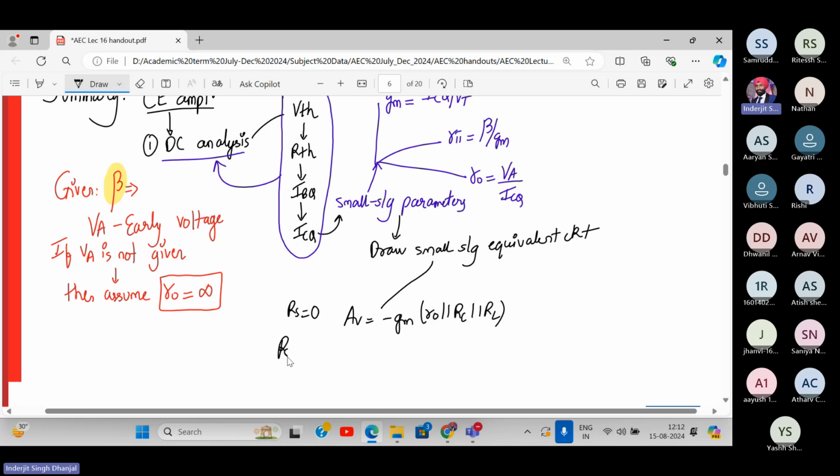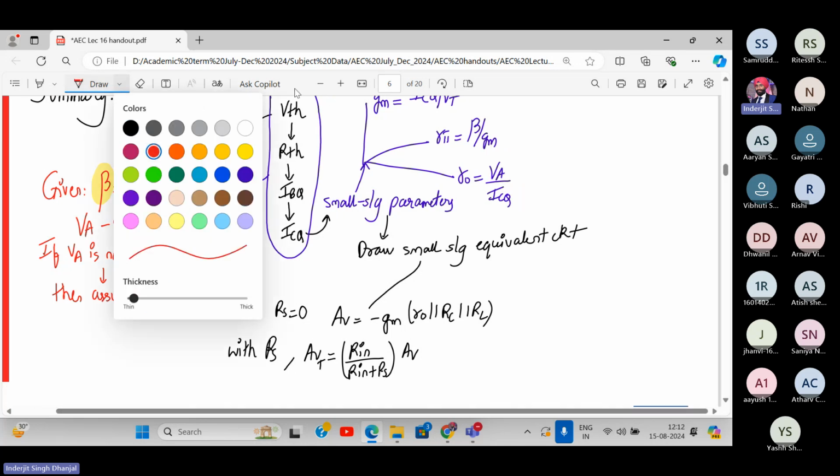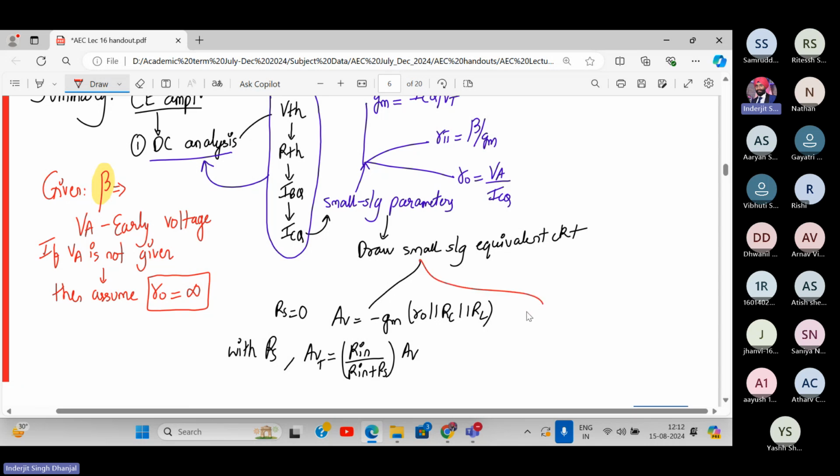So if RS is present, then what is the formula? AVT will be, what is it? Rn upon Rn plus Rs into AV, this AV. Okay. So next, what do we find out? Tell me. Rn. So what was the formula?